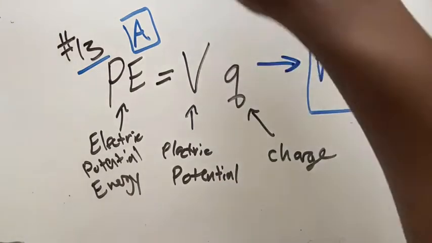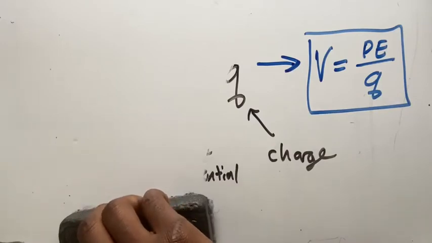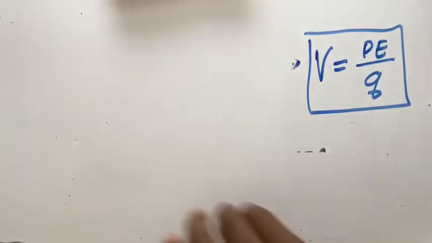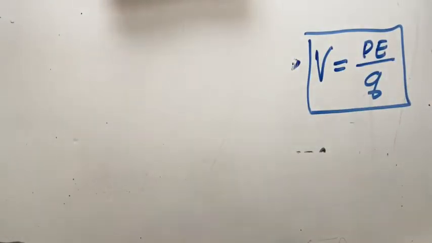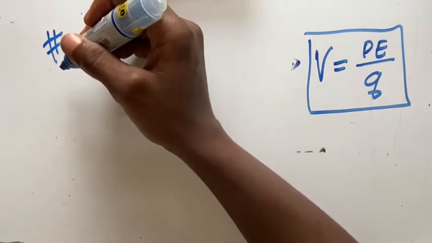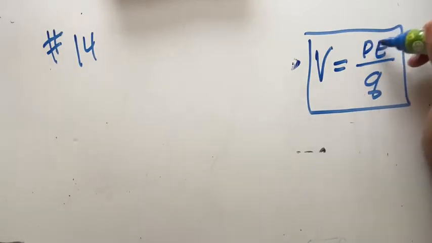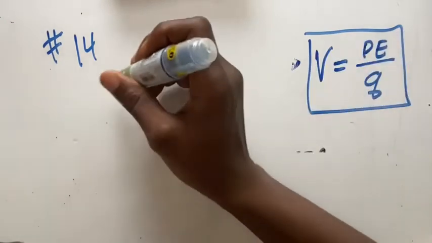All right, so 14 says when a battery does 24 joules of work on 10 coulombs of charge, the voltage it supplies is, well, actually, we're going to use this equation for that. So number 14, a battery does 24 joules of work or energy. And so potential energy is basically a form of energy, right?